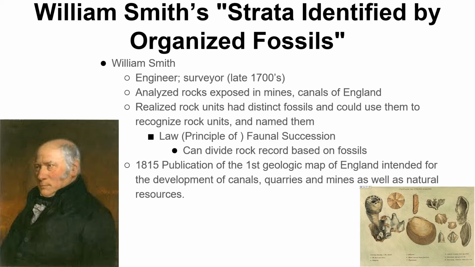So he would go around and look at exposed rocks and figure out where is their coal and how can we dig a canal to get our train cars close to this to get them onto barges. This really wasn't what he was interested in doing, though. He was very interested in developing a stratigraphic history of the British Isles.